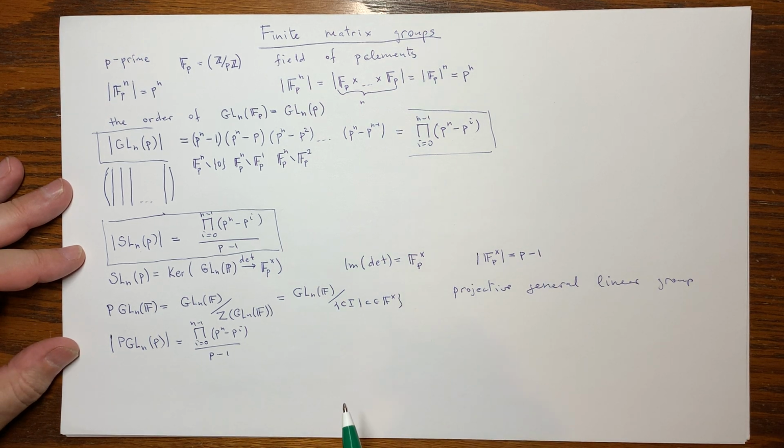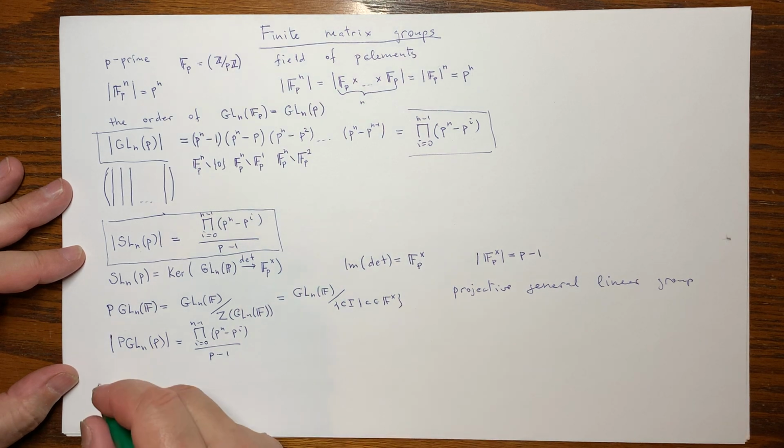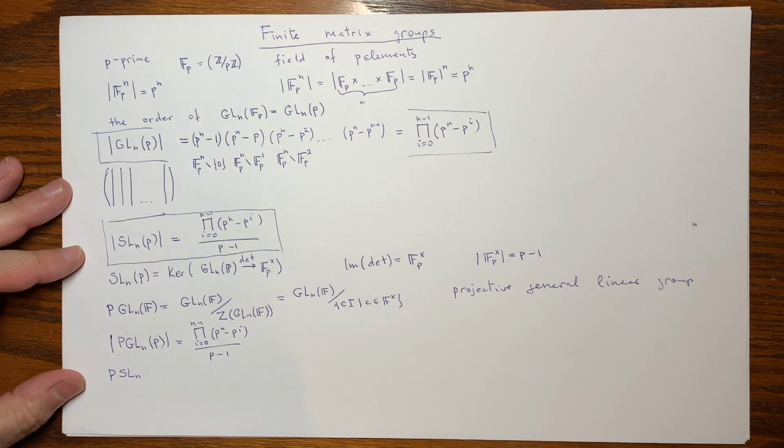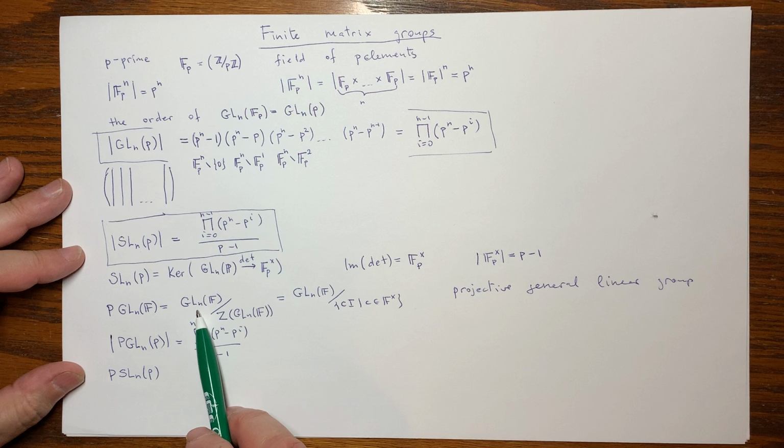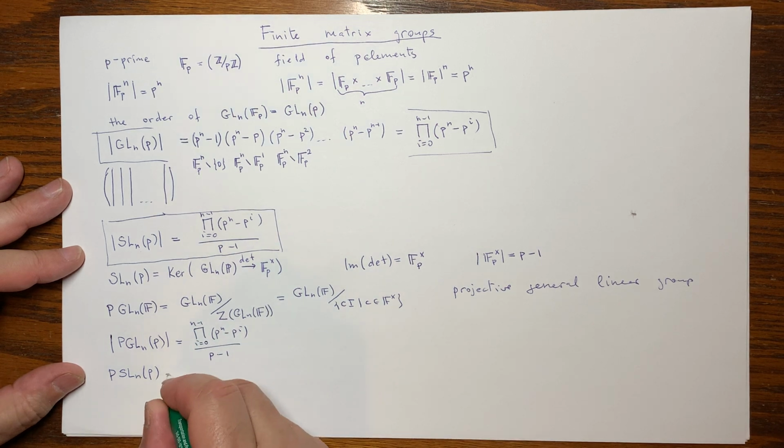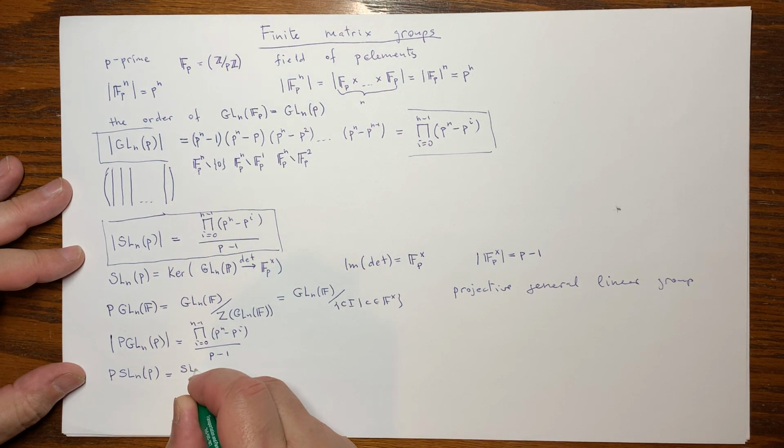And the final computation is for the projective special linear group. It is, as with the projective general linear group, the quotient of the special linear group by its center.